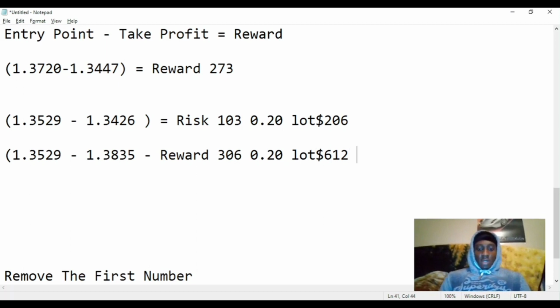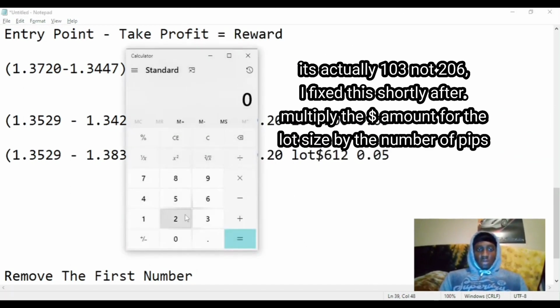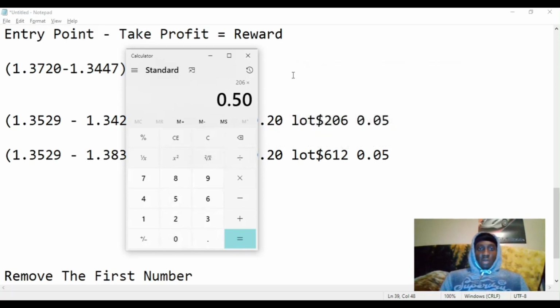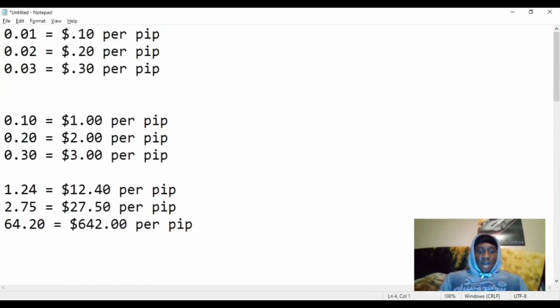Now let's do a 0.05 lot size. What do you do? It's 206 times 0.50, because remember, we're doing a 0.05 lot size, right?